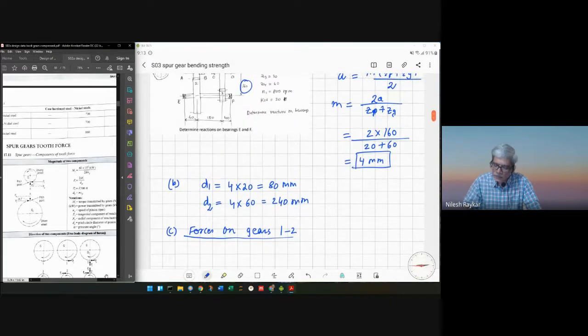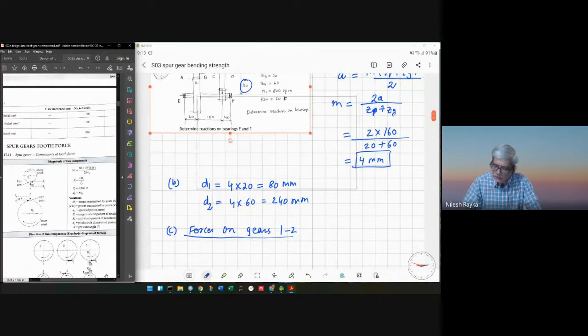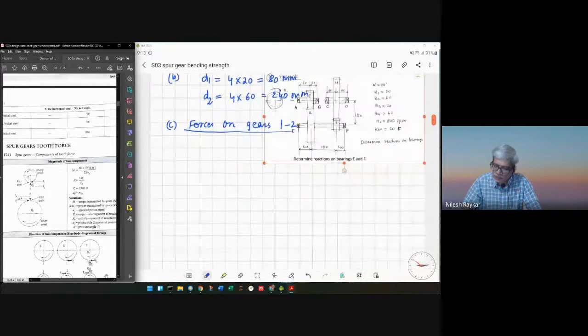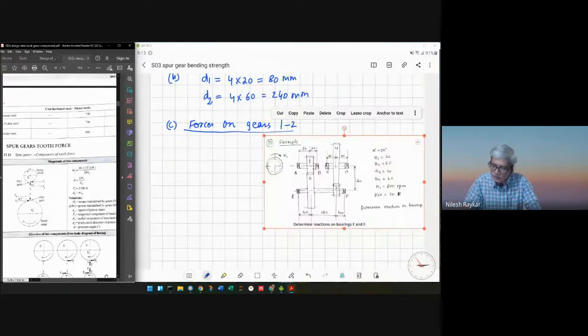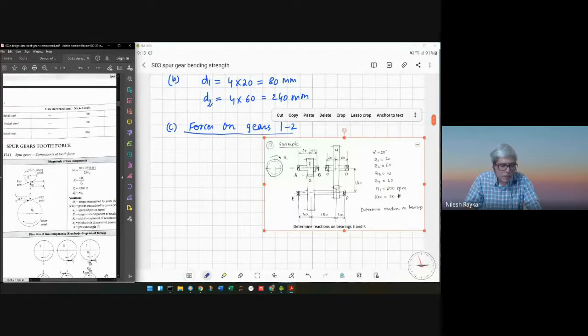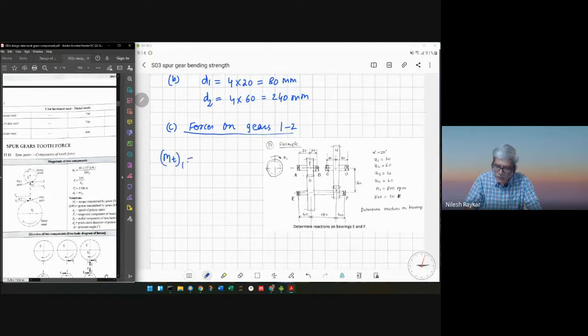Okay, so just drag it down. Okay, so I'm calculating the torque on gear 1. So this will be given as 60 multiplied by the kilowatt.